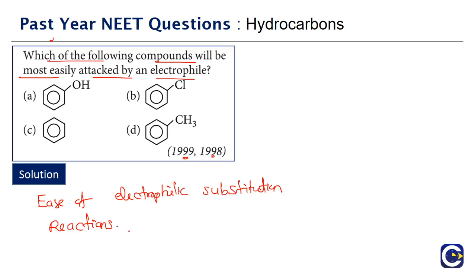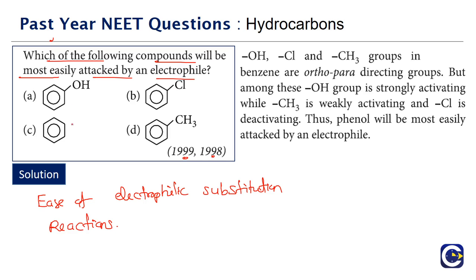If you look at option C, it is benzene. Option A we have the OH group, option B we have the Cl group, option D we have the methyl group. OH, Cl, methyl, all of them are ortho para directing groups, but for different reasons.